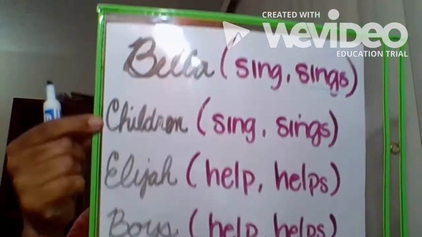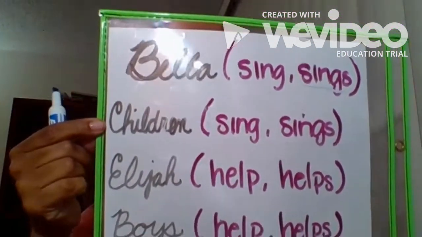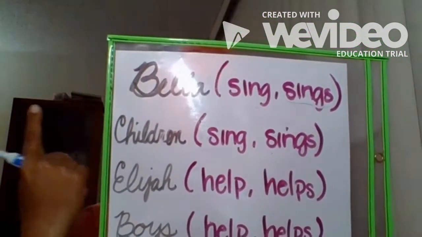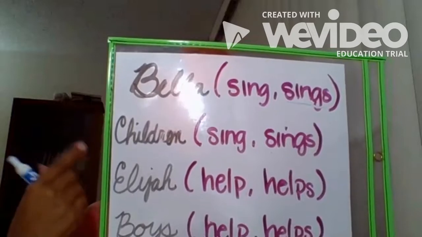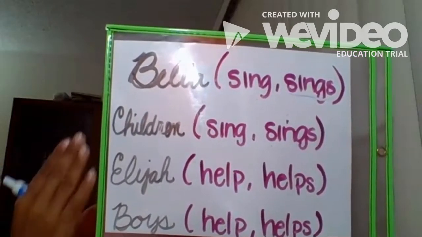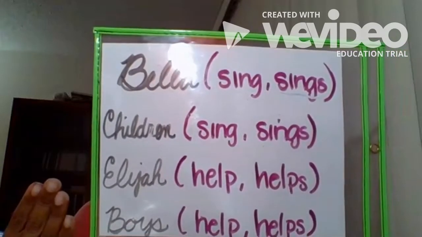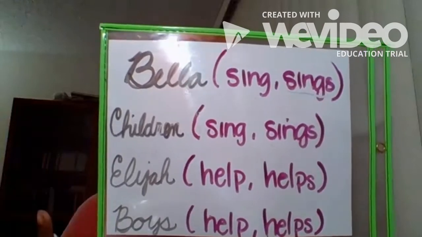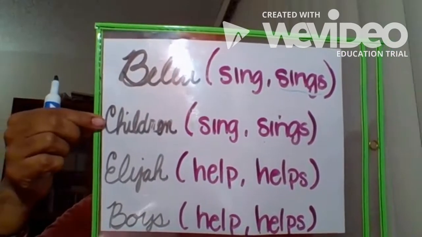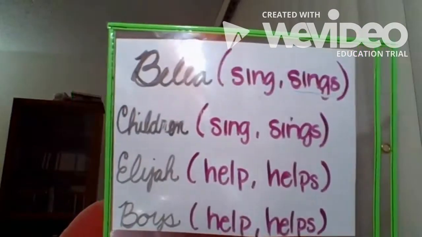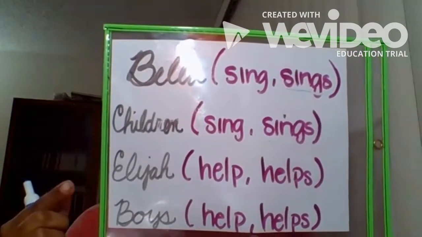Now, what about children? Children is our subject. Is children singular, meaning one, or is children plural, meaning more than one? If you said plural, you are correct. Now you need to remember the agreement between the subject, which is children, and our verb, which is sing, when the subject is plural.